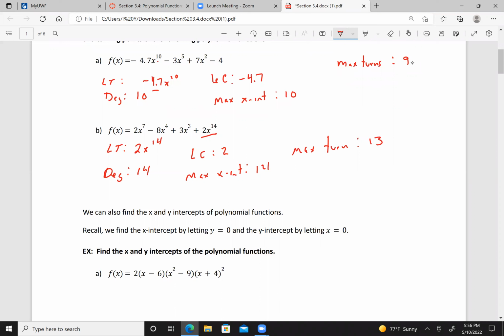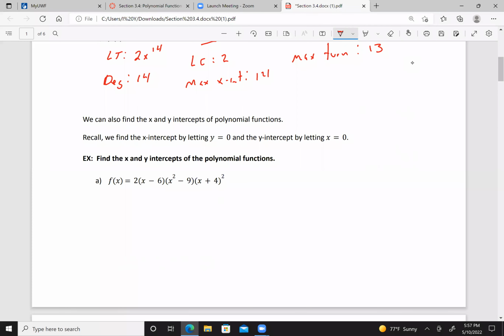We can also find x and y intercepts of polynomial functions. If you remember, we find the x-intercept by letting y equal 0, and the y-intercept by letting x equal 0. So let's do this. So to find the x-intercept, we let y equal 0, which means this is equal to 0, and the rest of this just comes down.